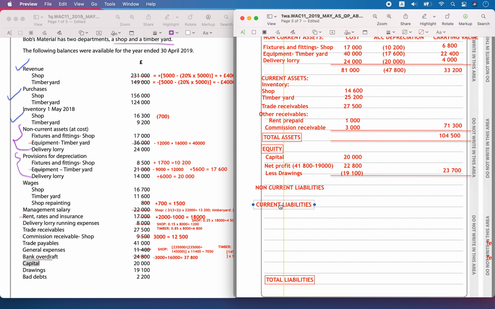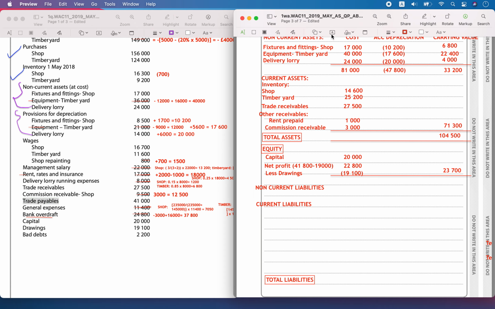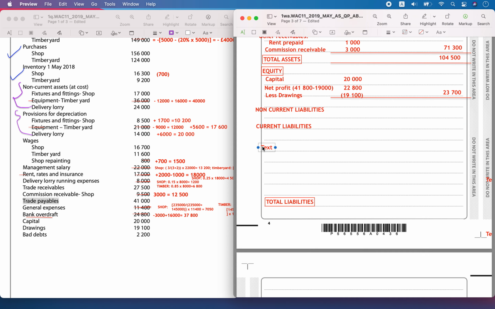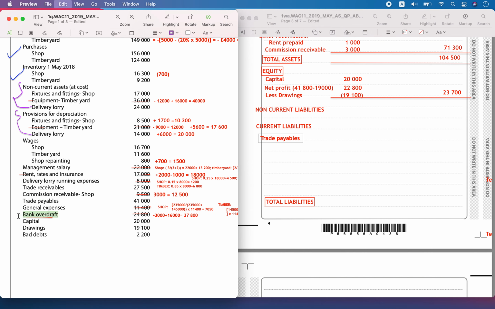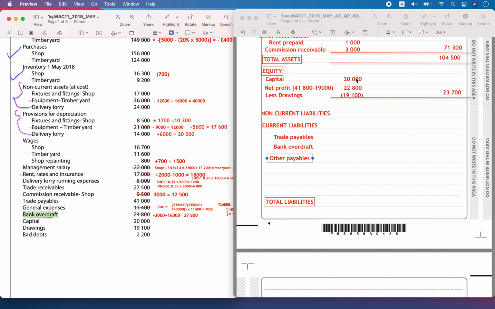Now you have the current liabilities. Current liabilities are going to be equal to trade payables, then you have the bank overdraft, and other payables. Trade payables was around 41,000.